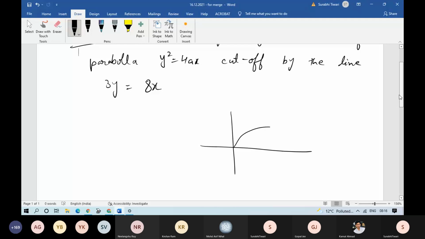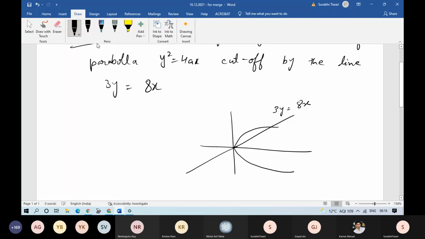This is the parabola, and suppose this is the line. This is the line, py is equal to 8x, and this is the parabola.